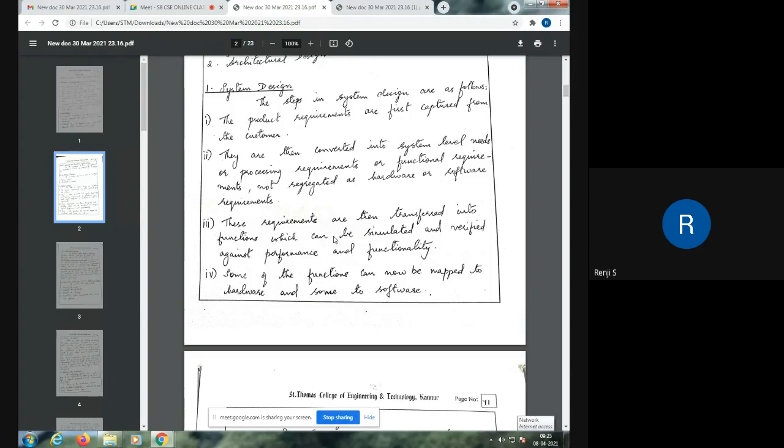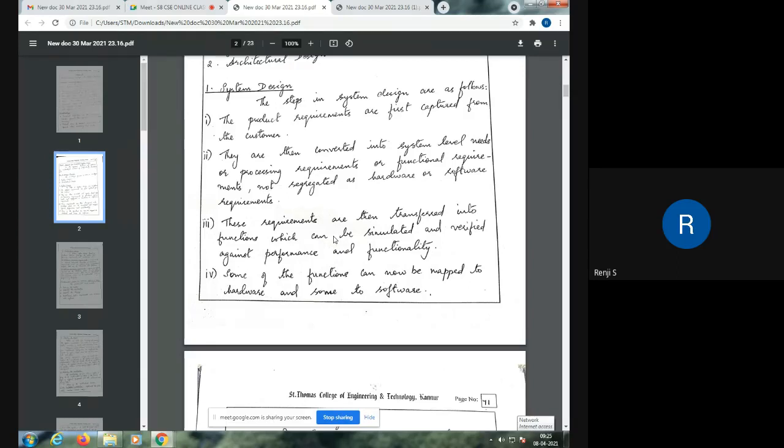Then they go to the third step, and in the third stage, these requirements are transferred into functions that can be simulated. There can be testing tools or simulators for checking the requirements. So these requirements are transferred into functions that can be simulated and verified for performance and functionality. They have to check whether the functionality is satisfied, whether the performance is satisfied.